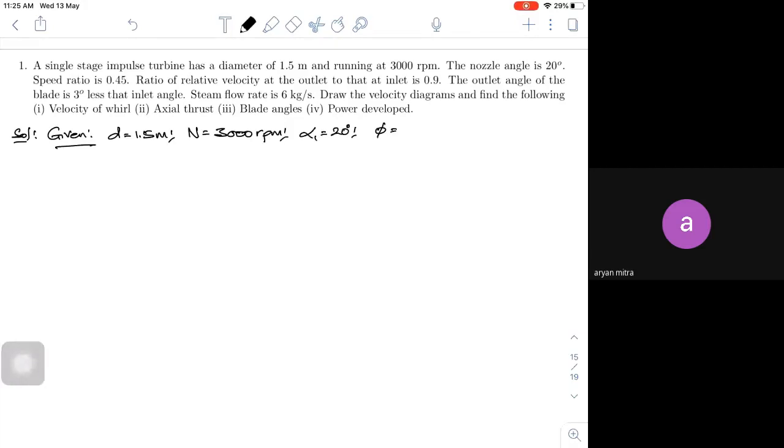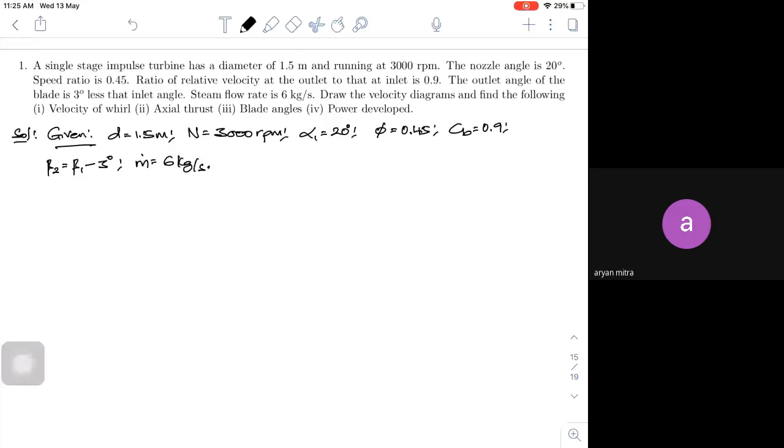The speed ratio is 0.45, and the friction coefficient, whether you call it CB or KB, is 0.9. Beta 2 is beta 1 minus 3 degrees, and the mass flow rate of the steam is 6 kg per second.